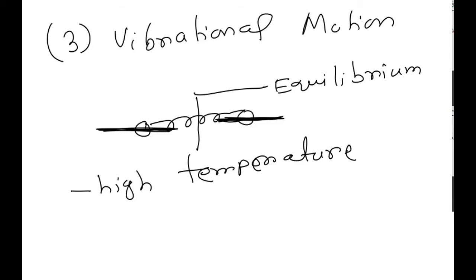Due to these three types of motions, the total kinetic energy of the microscopic components, that is the atoms and the molecules of this gas, includes translational kinetic energy, rotational kinetic energy and vibrational kinetic energy.